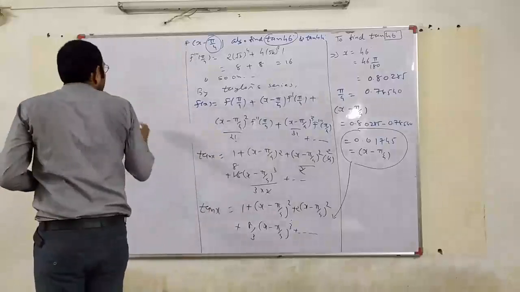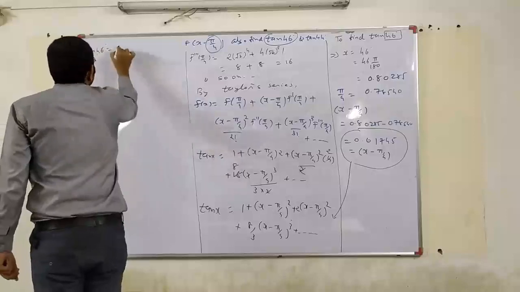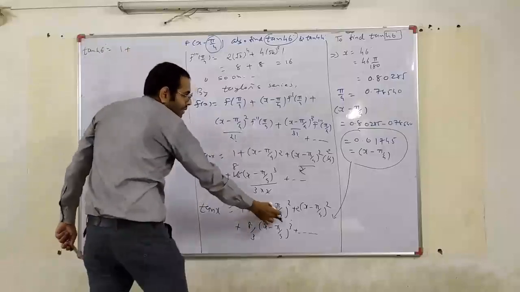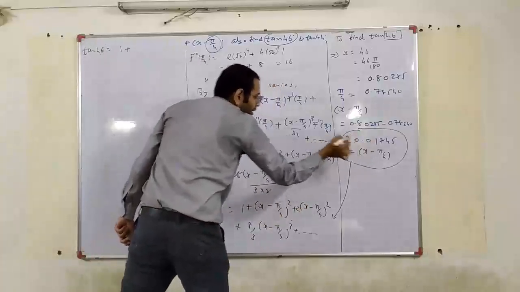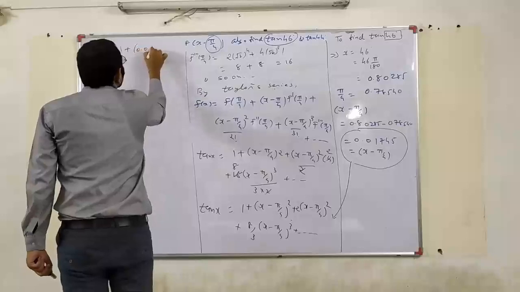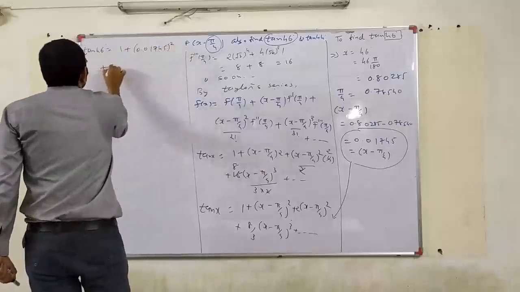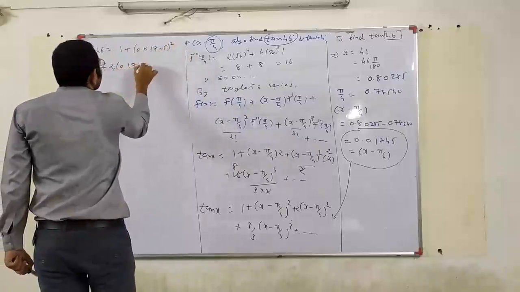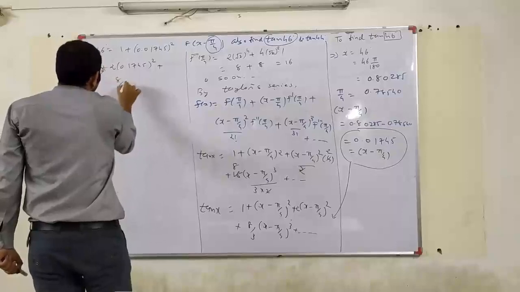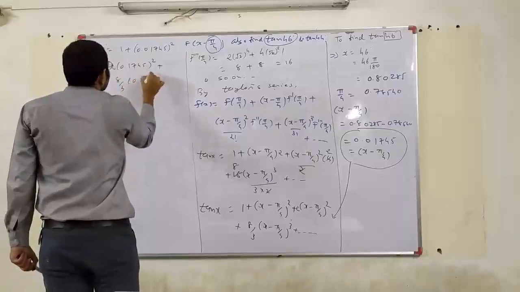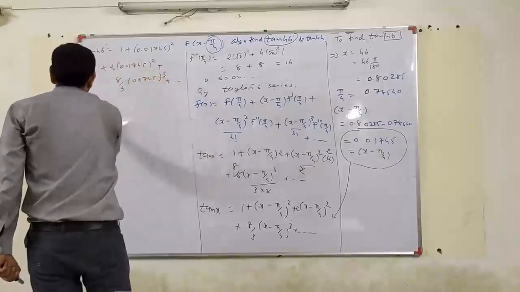Then here, sin 46 degrees equals 1 plus (x minus pi by 4), that is 0.01745, plus 0.01745 whole square plus 2 by 3 times 0.01745 cubed, and so on.